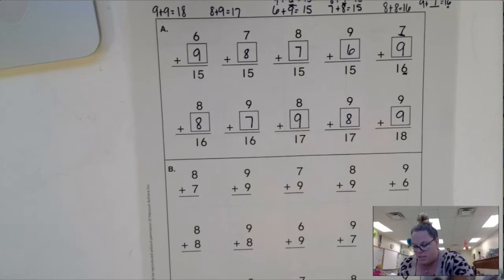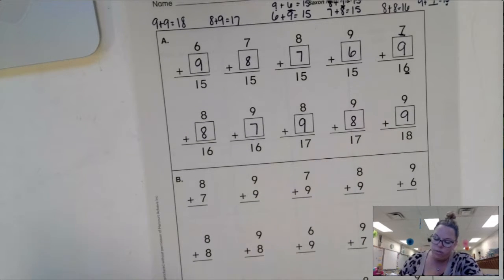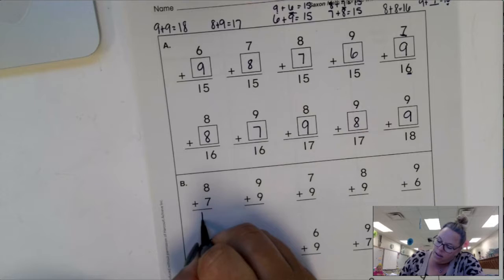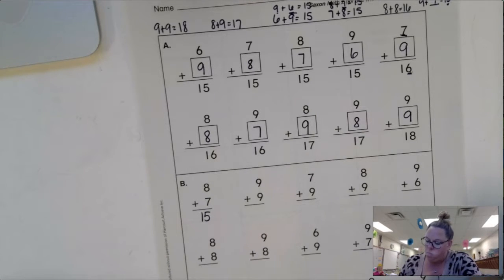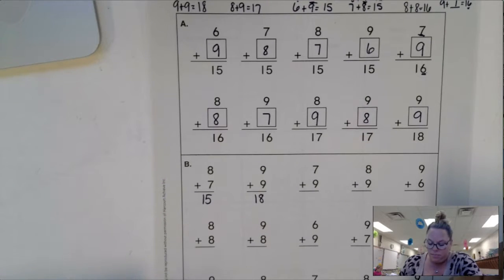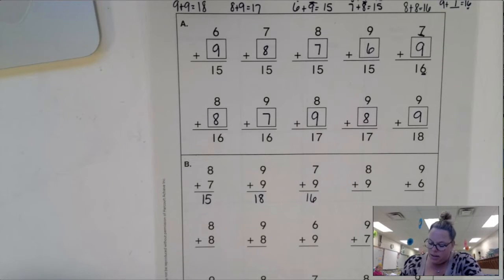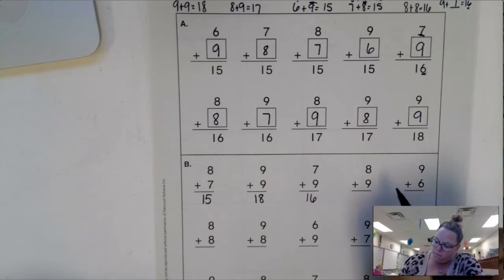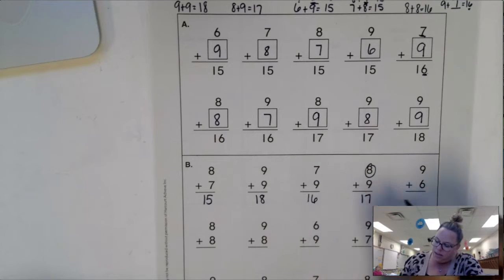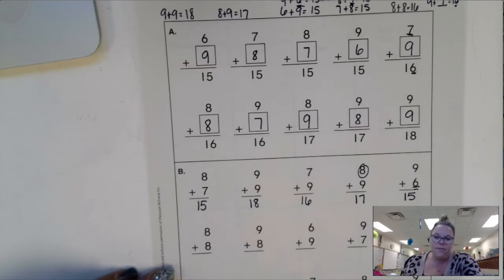Bottom part, this you should be able to do all on your own. Let's go ahead and do the first row, and then I'm going to give you the last 2 rows to do on your own. So here we go. 8 plus 7 is 15. 9 plus 9 is 18. 7 plus 9 is 16. 8 plus 9 is 17. 9 plus 6 is 15.